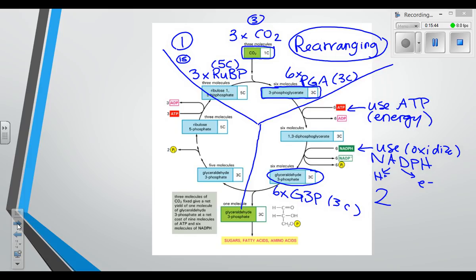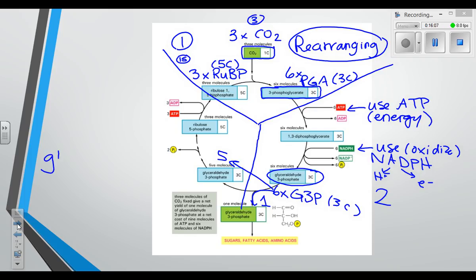Now here's the point where 2 things happen. Of those 6, 5 of them keep going in the cycle and 1 of them leaves. G3P has 3 carbons. That's not big enough to be glucose.